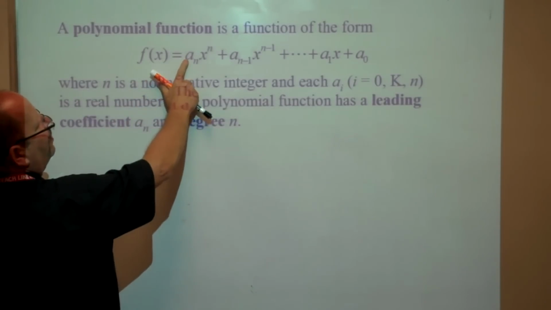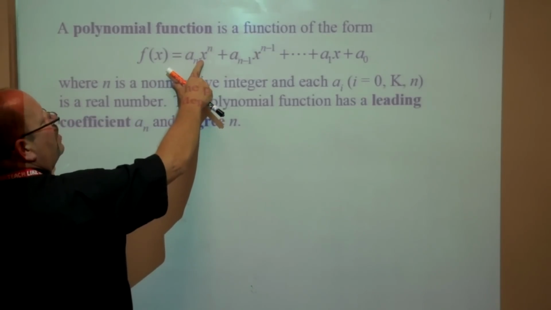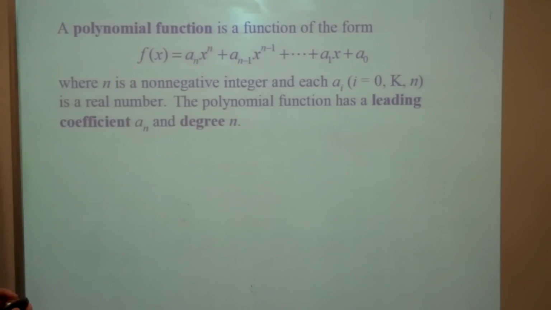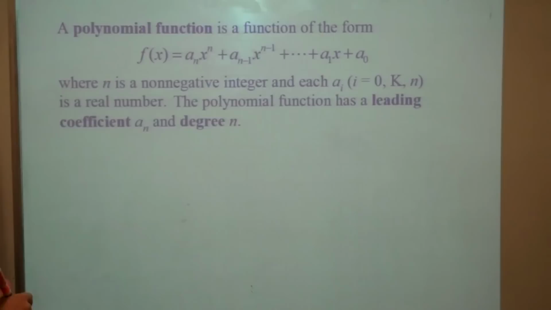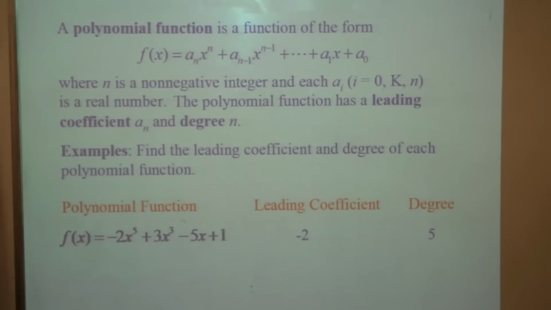The lead coefficient is the constant part of the first term, the term with the x raised to the highest power. Okay? If you were just to read this without my explanation, yes, I can understand, it would be challenging to some of us. But having that explanation and a few examples shouldn't be too hard.